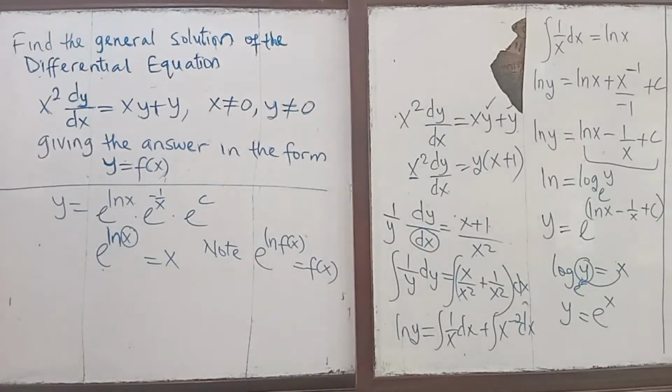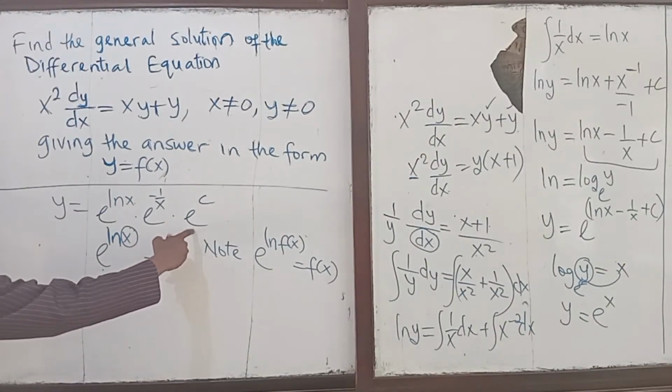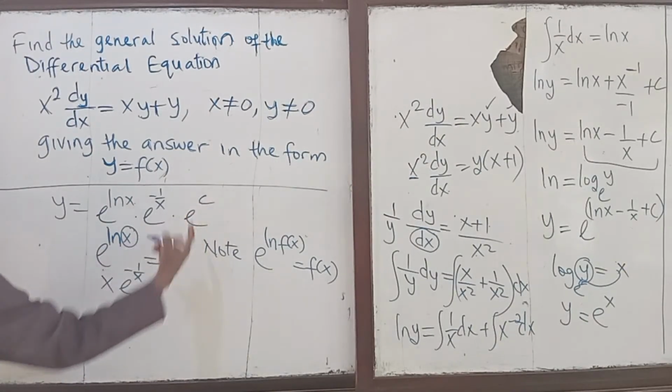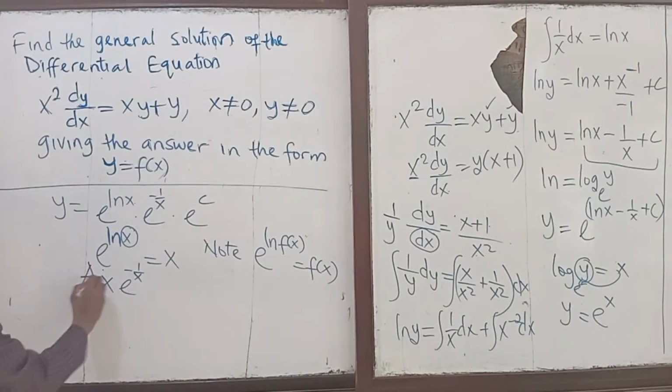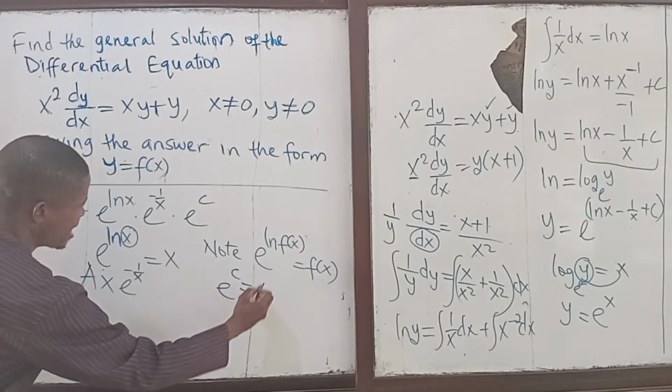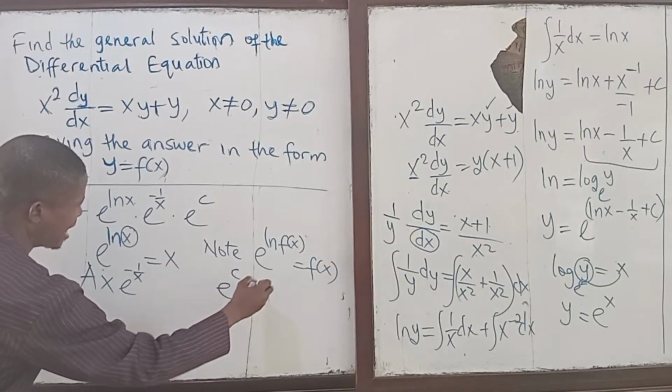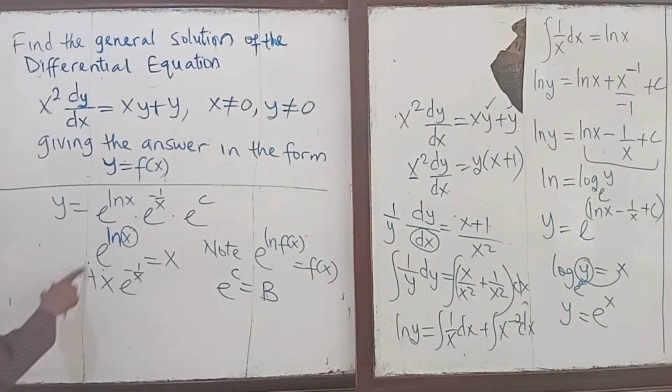So that one will give us x, times e to the power minus 1 over x. This constant, e to the power c, we can just give it a variable because it's a constant. Call it a, or call it b, whatever you like, and just give it a constant value.